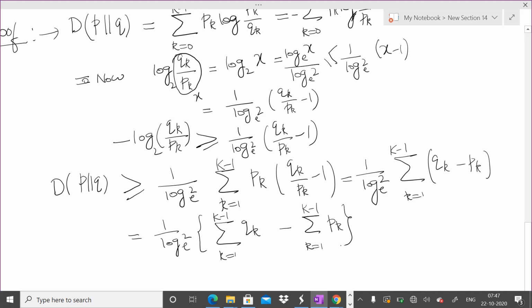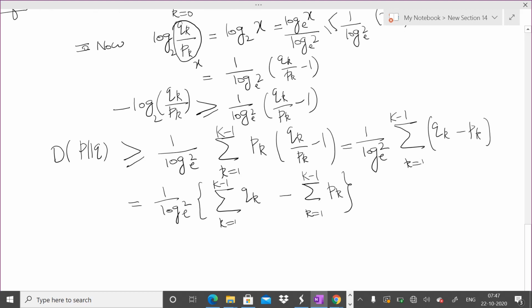Now see, qk and pk both are probability mass functions, so they should sum up to 1. The summation of any probability distribution should be equal to 1 over all the values. Similarly, the summation of pk should be 1. So this is simply 1 over log 2 to the base e times 1 minus 1, which is 0.